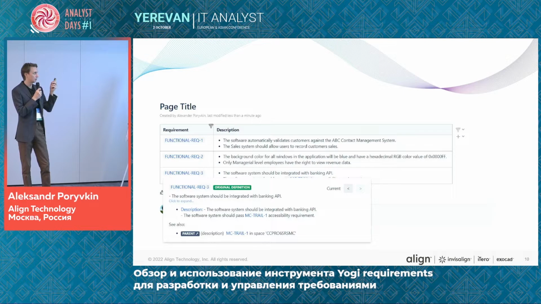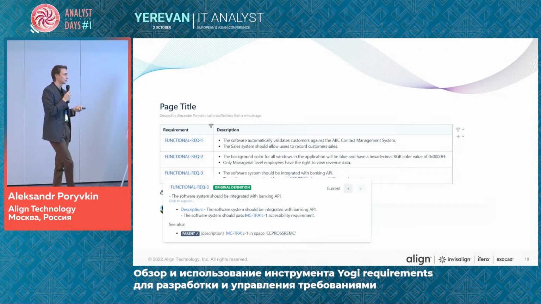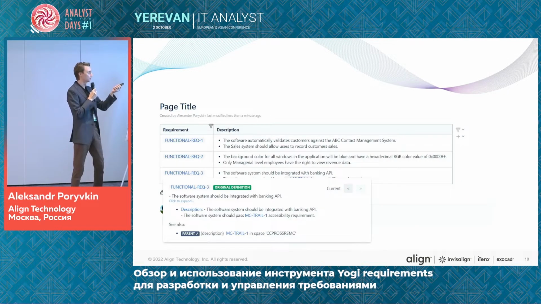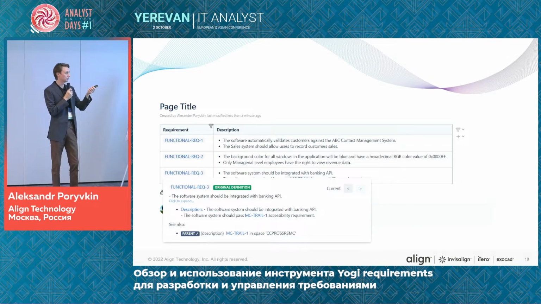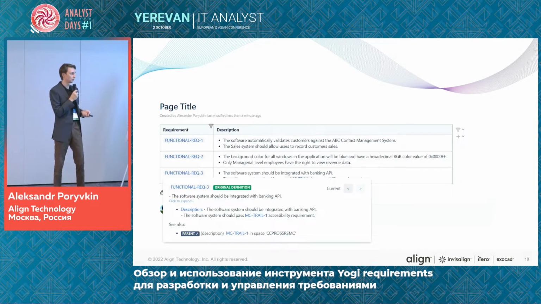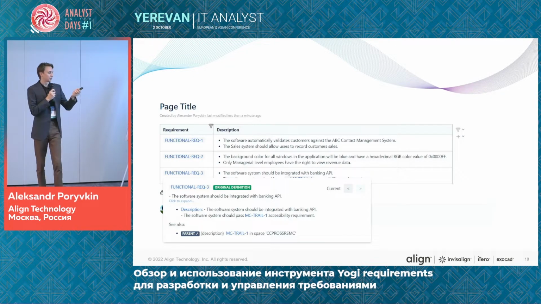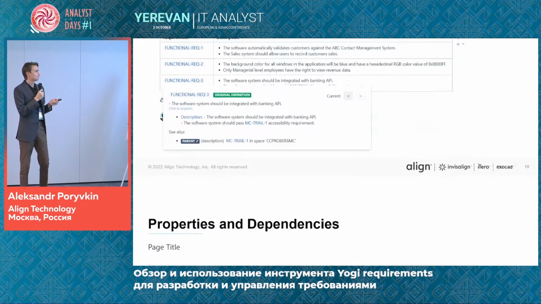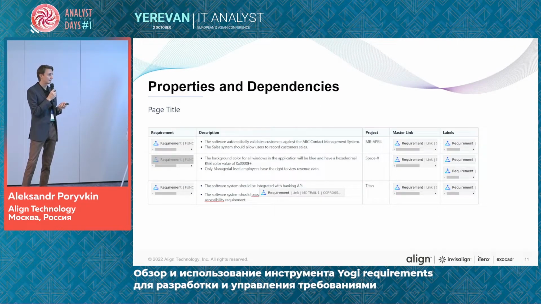They are unique and continue to be unique with automatic incrementation. By clicking a link, a pop-up appears on the screen. It also shows a link or a connection between two requirements, showing who the parent is.